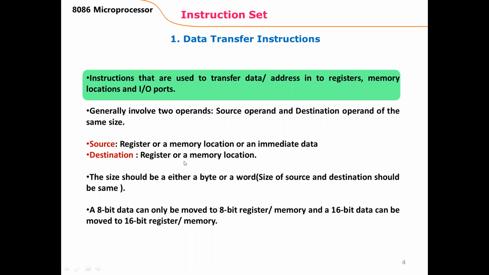Destination can be a register or memory location, but the destination cannot be data, because data can only be in the source position. Destination should be either a register or a memory location.